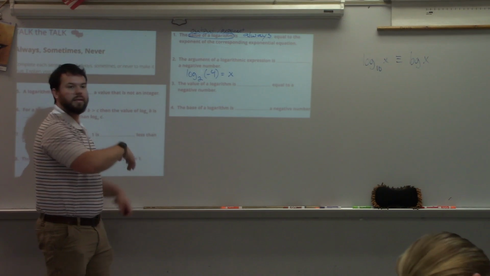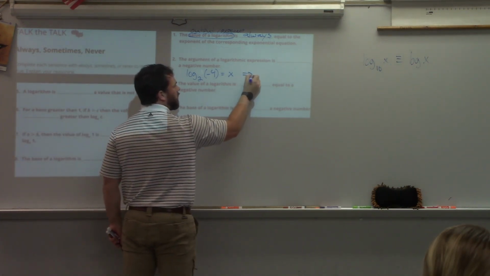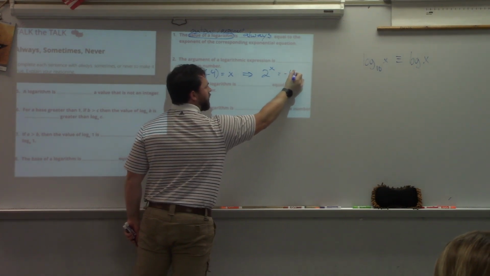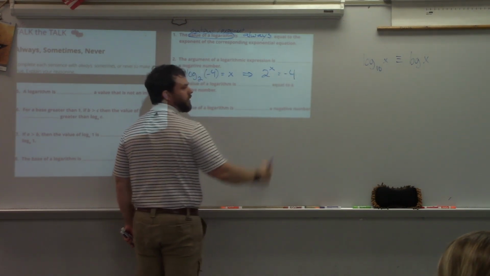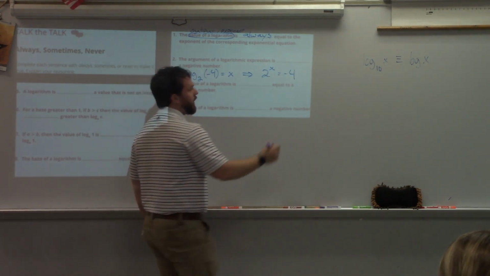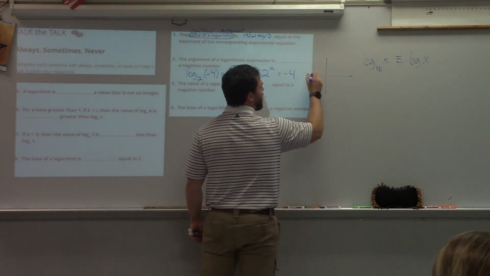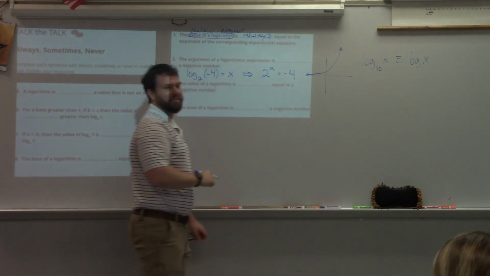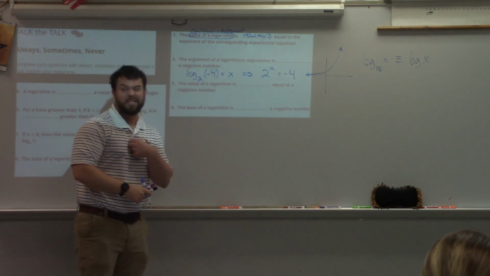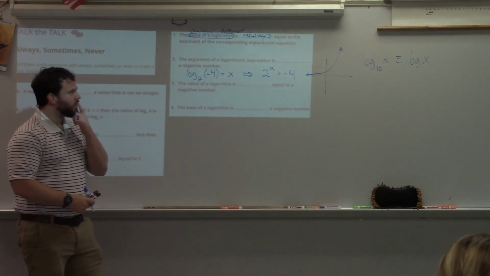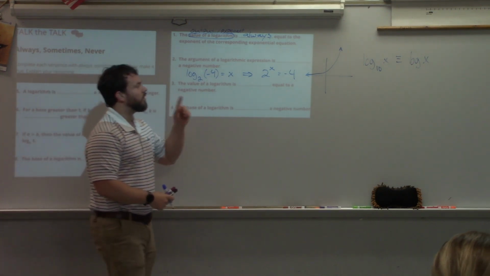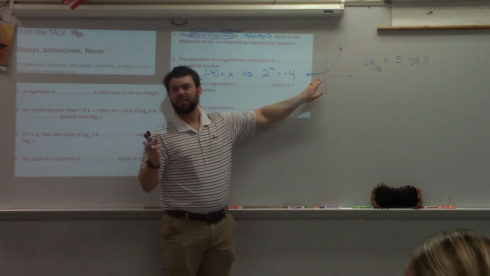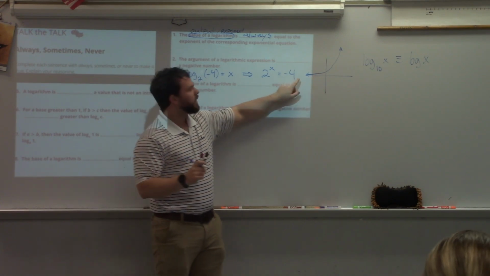So how would I rewrite this as an exponential? 2 to the x is equal to, can 2 to the x equal a negative? Think about your exponential graph, 2 to the x. Maybe an imaginary. We aren't studying imaginaries with exponentials. I've actually never studied imaginaries with exponentials. I'd have to explore that some more, but that's a good thought.